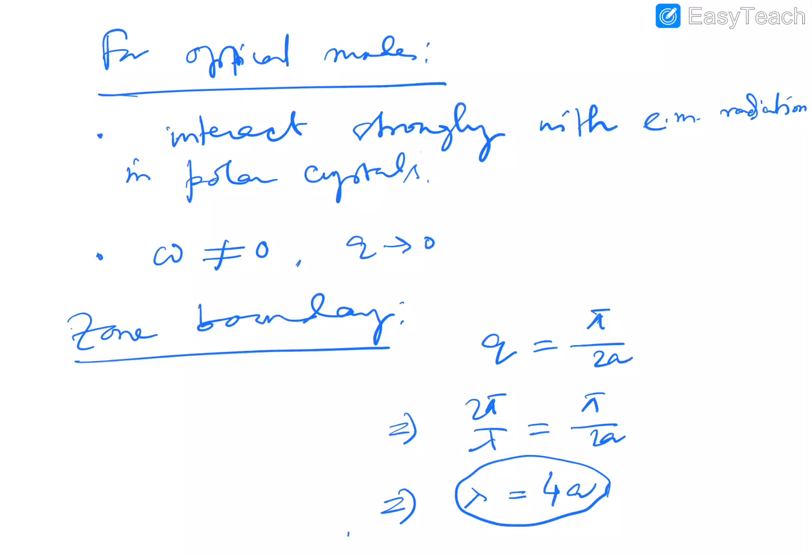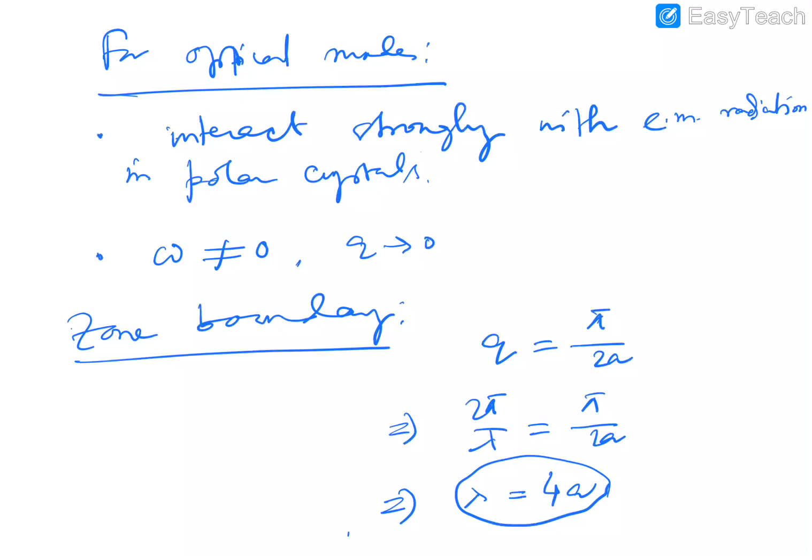So what we can see here is that at the zone boundary, for the acoustic branch, the small particles, that is the particles of small mass, are all at rest. Whereas for the optical branch, the heavy particles of mass are at rest.